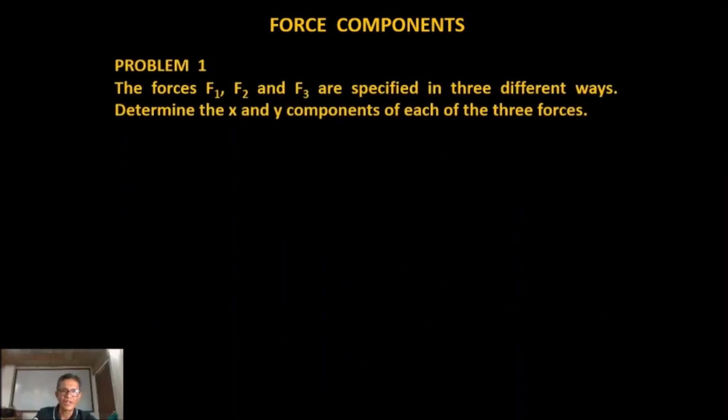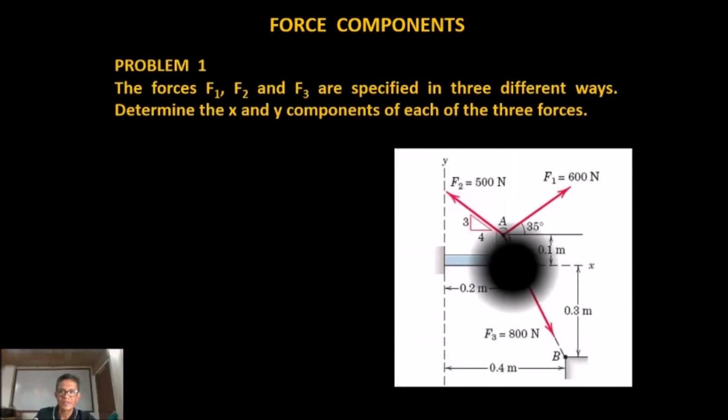Now I will speak in English or in Tagalog and Bicol, para mas magkaintindihan tayo. Okay. So, for our problem number 1, the forces F1, F2, and F3 are specified in 3 different ways. Determine the x and y components of each of the 3 forces. From the figure, we have 3 forces, F1, F2, and F3, with corresponding magnitude and direction as shown.